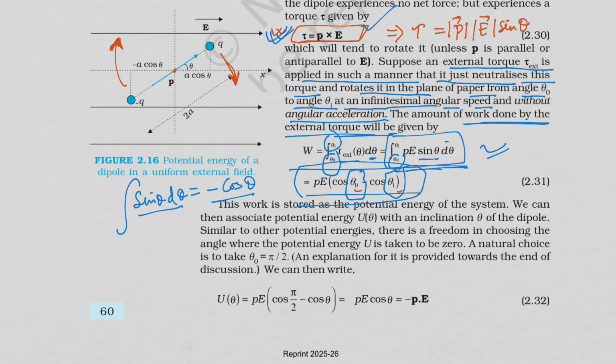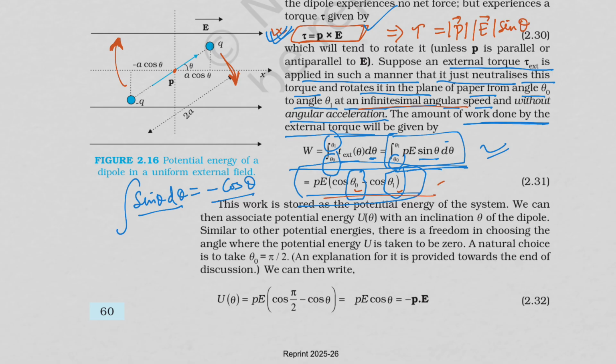As we already talked, the difference between theta naught and theta 1 is very small. That is the infinitesimal angular speed we're talking about, and a very small angle, and we then want to integrate it. After the value of integration, this is what we get.